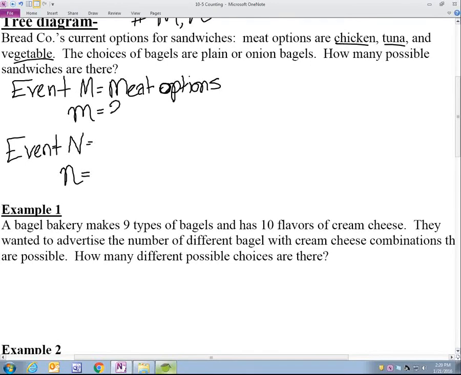We have 3 choices. How about event N, Webb? The bagels. Bagel options, right? And there are 2 of those. You can do the plain or the onion.